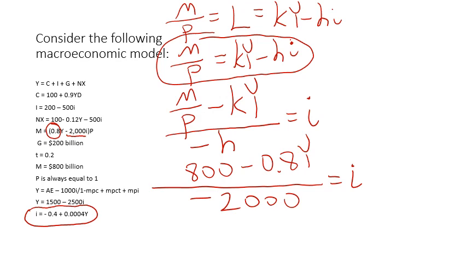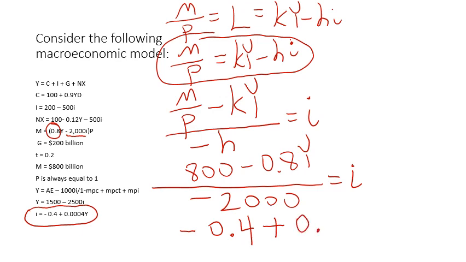So 800 divided by negative 2000 gives us negative 0.4, and negative 0.8y divided by negative 2000 gives us a positive 0.